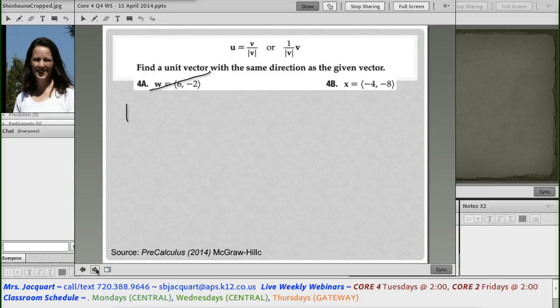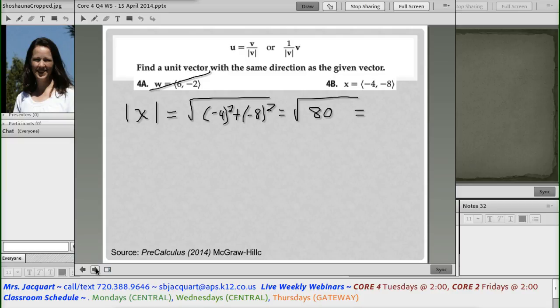Ready? New one. So first find the magnitude of x. That equals square root negative 4 squared plus negative 8 squared equals square root 16 plus 64, which is 80, which is 16 times 5. Square root of 16 is 4, square root 5.